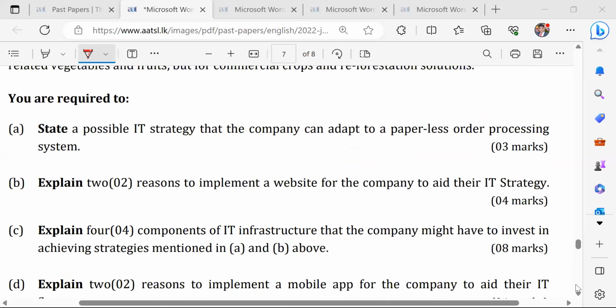State possible IT strategies that the company can adopt: a paperless processing system. Paperless processing system means they are not going to use papers, right?